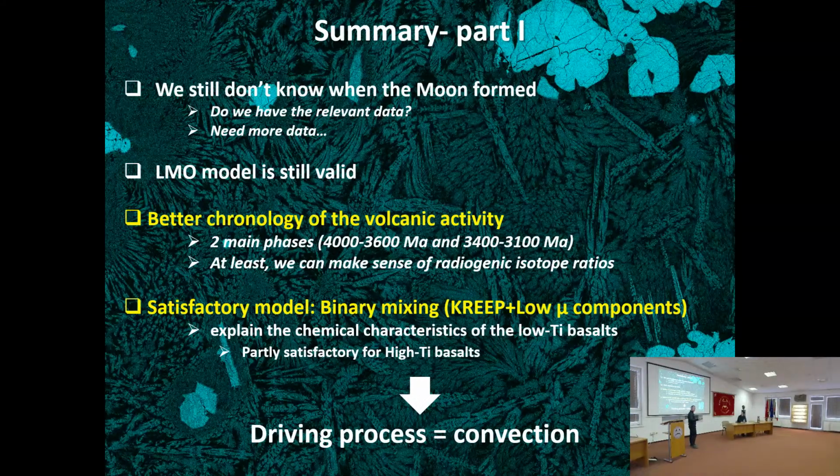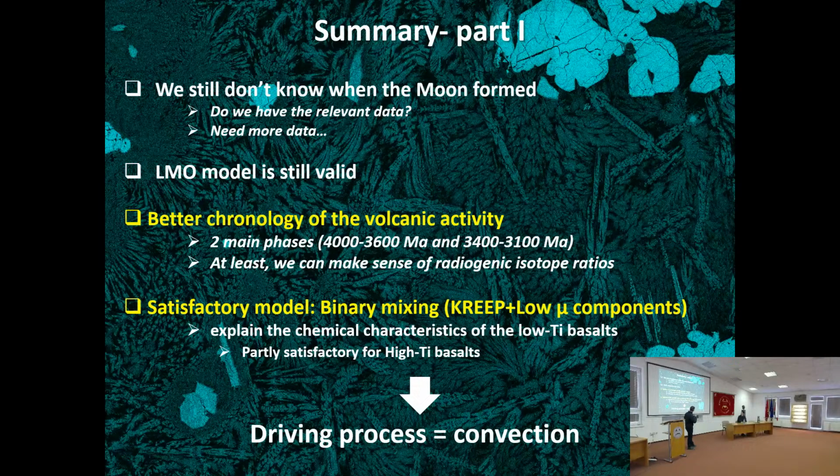Using this data, we can use the previously published isotopic data to make sense of it. We have a new model, binary mixing between a creep-enriched mantle component and a low-mu depleted mantle component.